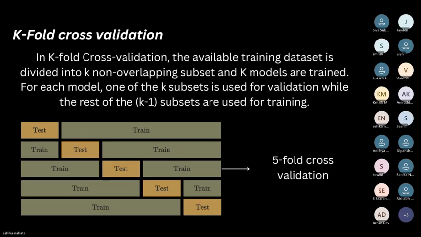But there are certain cases where that 20% could, by some chance, have certain patterns that aren't really reflected in the 80% of the data that we use for training, or there's just a mismatch and it doesn't let the model learn all the features and hence perform well on the validation set as well.